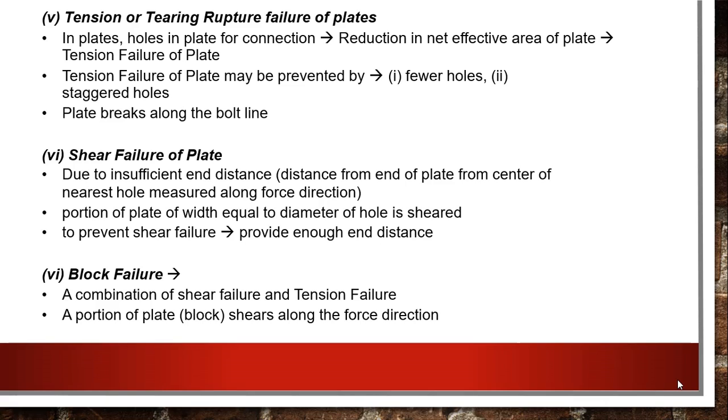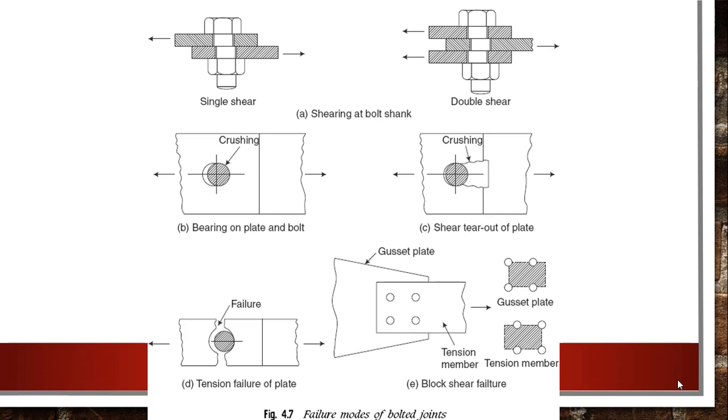The next one is the block shear. It is a combination of shear failure and tension failure. The portion of plate, that is block shear, generally takes place along the force direction. So basically these are the failure modes of bolted joint. As you all can see, the single shear takes place in case of lap joint.